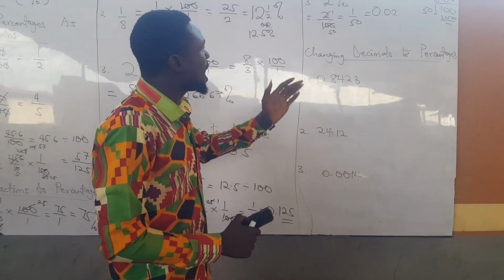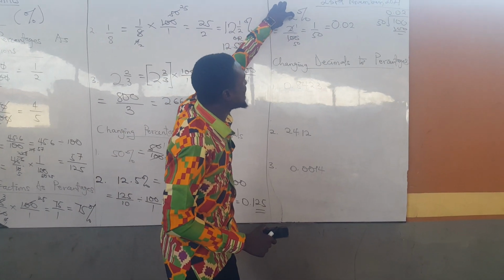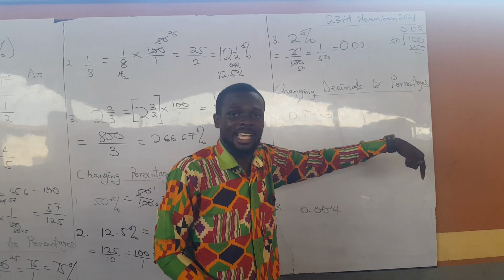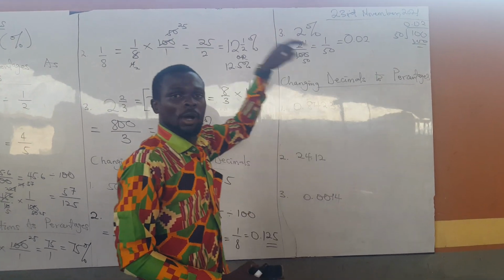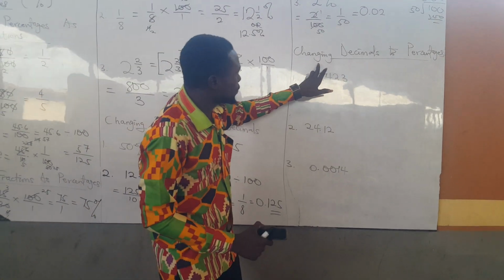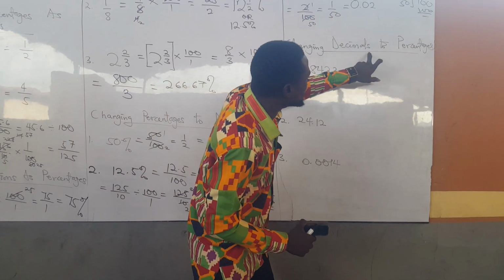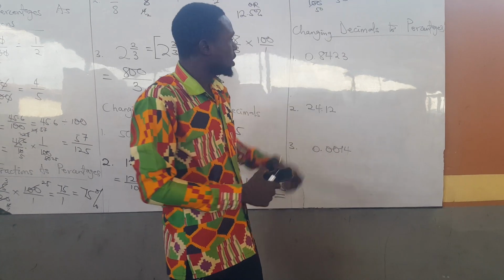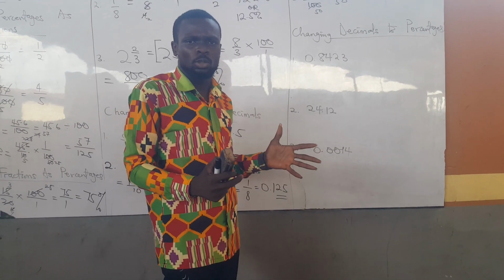Now, since we've been able to change percentage into decimal, it is the same thing we can also change decimals into percentages. So if you look at this one, we have changing decimals to percentages. That is the opposite of what we were doing. So what should I do now?